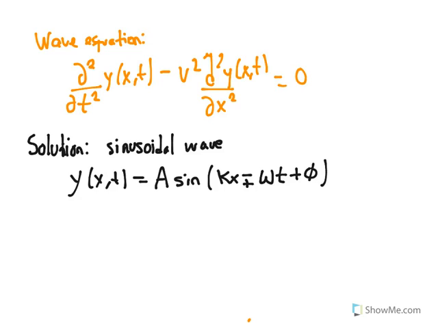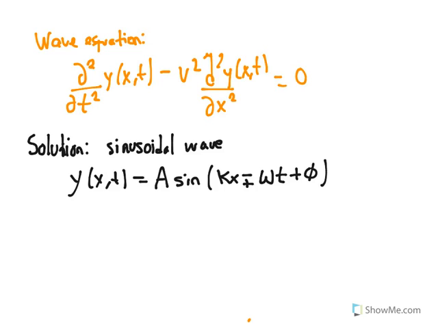Now, the minus or plus is due to the direction of the wave. It is going to be negative if the wave moves with a positive velocity. It's going to be positive if the wave moves with a negative velocity.